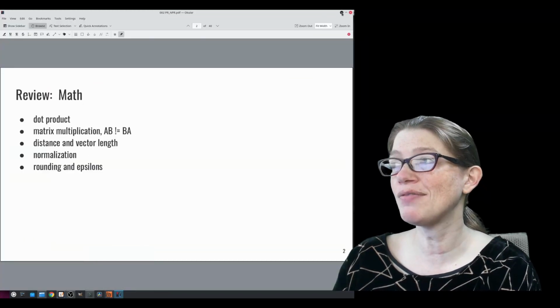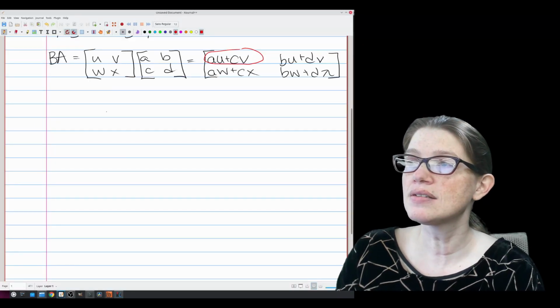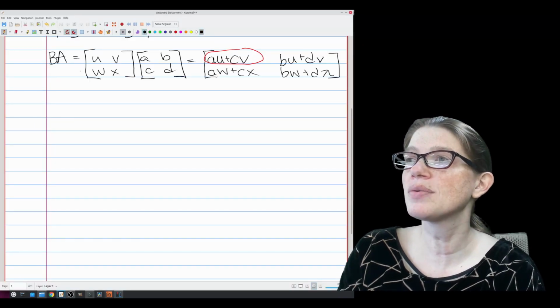So what's next on the list? We've got distance and vector length. So distance, let's go back to our other color here.